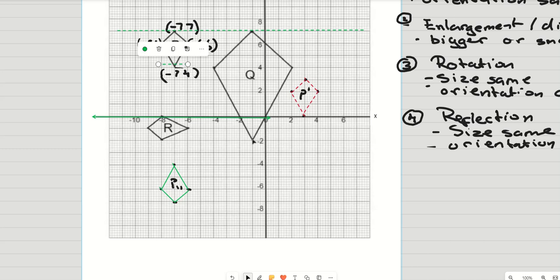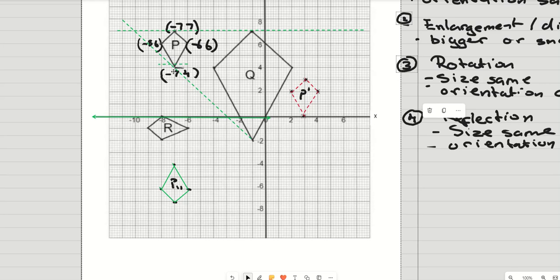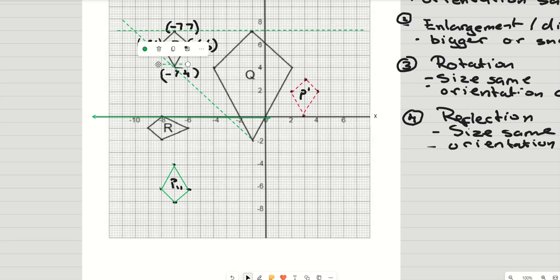Right, so this one, hold on. This one here, going along the line there. You're connecting this coordinate with the corresponding coordinate. So this line here corresponding with the image.